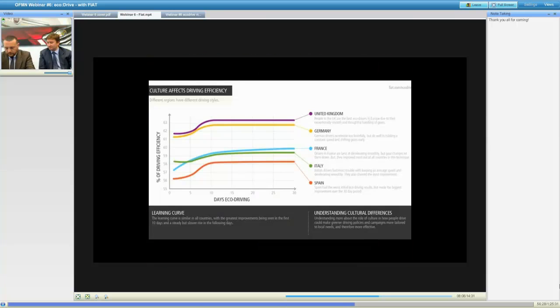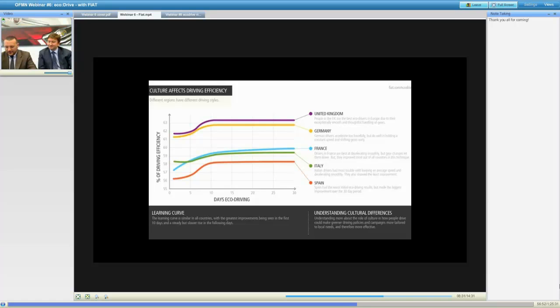Thanks to our white paper, we discovered also that culture affects the driving efficiency. So we can say that UK drivers are the best eco-drivers in Europe because their handling of gears is really great, and as we saw, it's quite difficult. Then we have Germany.